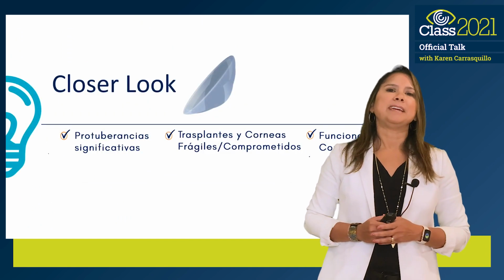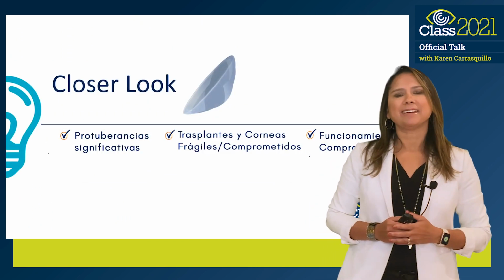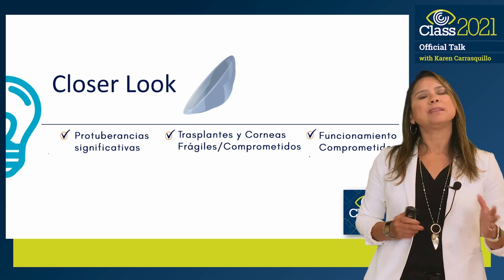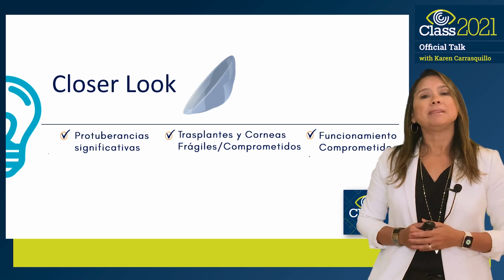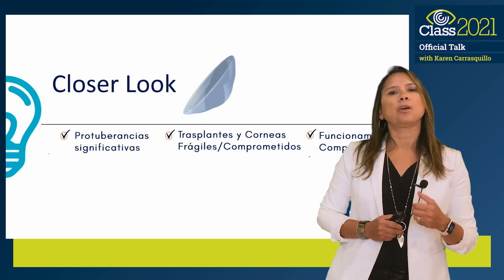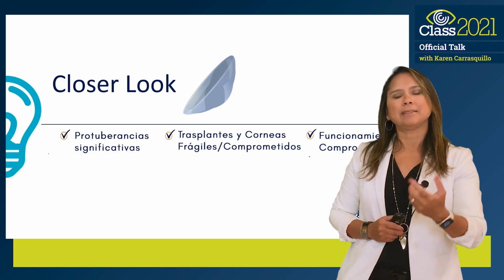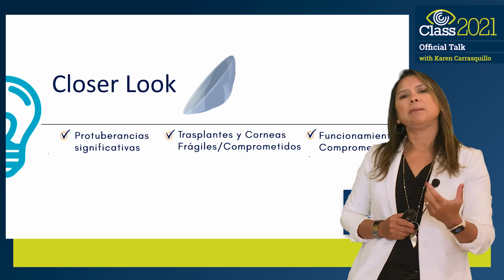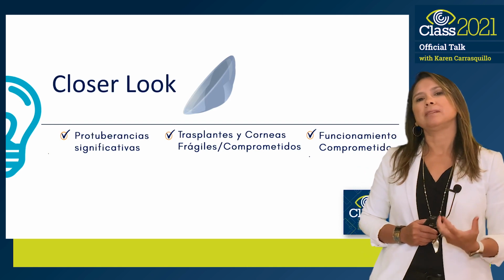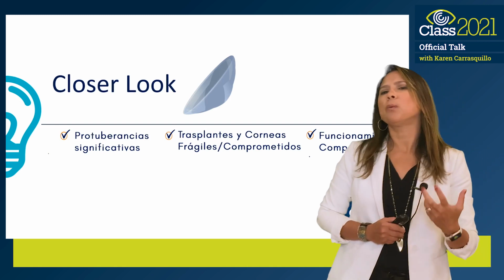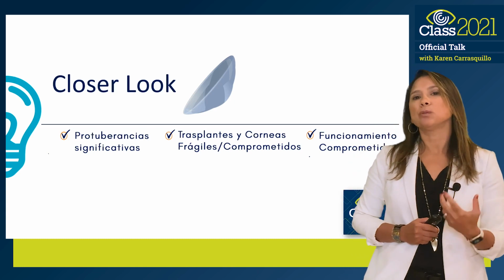To begin with, to frame today's talk, we are going to deal with three main themes. One is how we can visualize, idealize, and push the boundary when dealing with significant bumps beyond what is pinguecular and beyond what is pterygium.